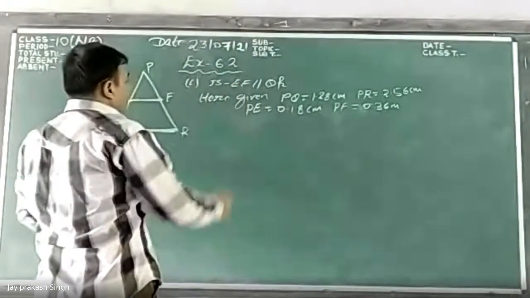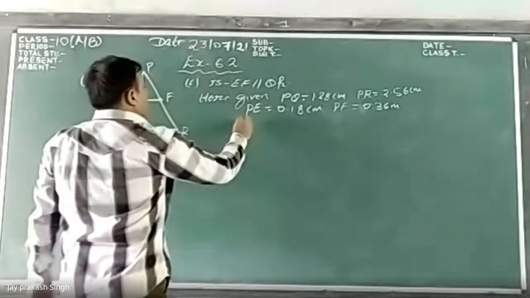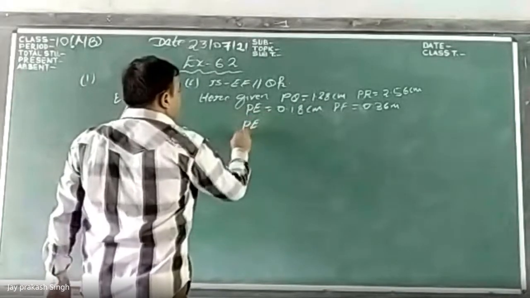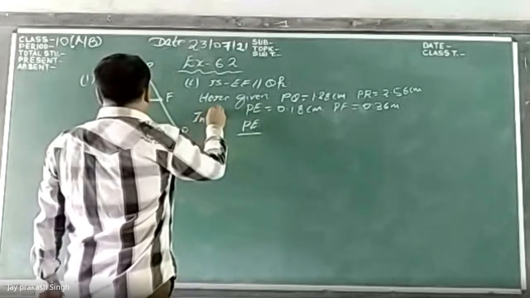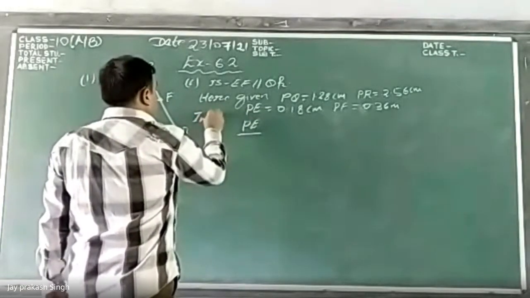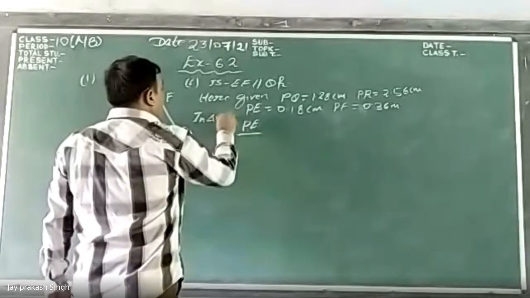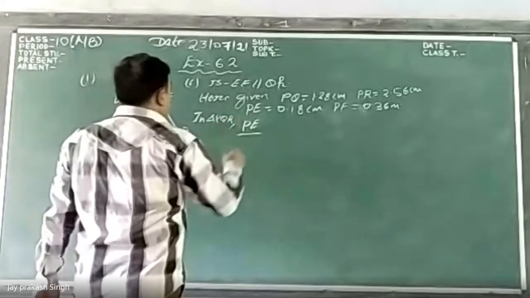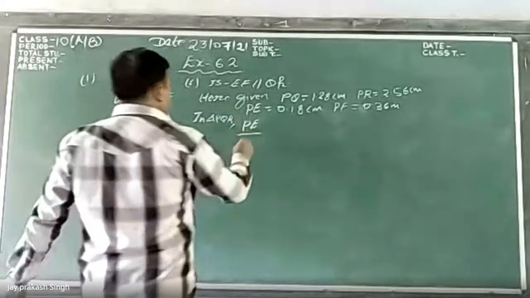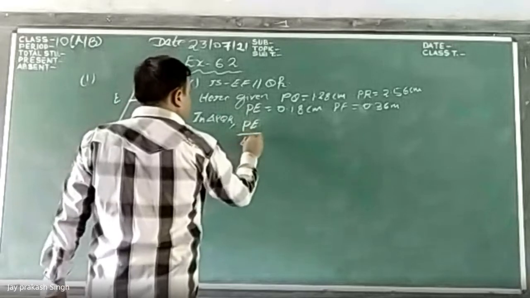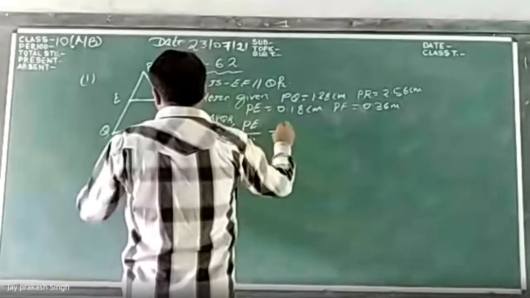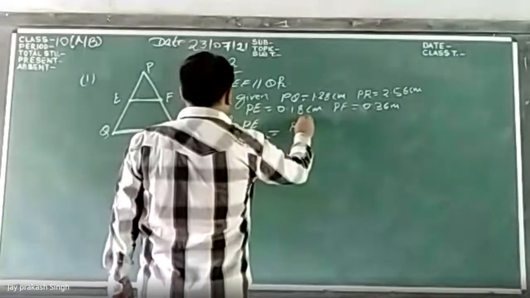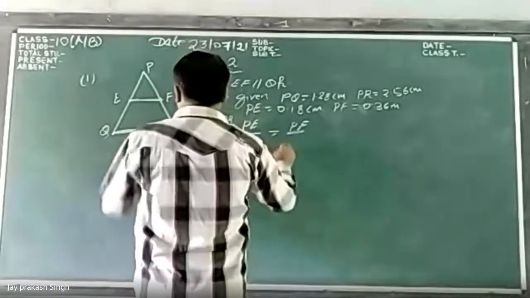Then we can find out that in triangle PQR, PE by PQ equal to PF by FR.